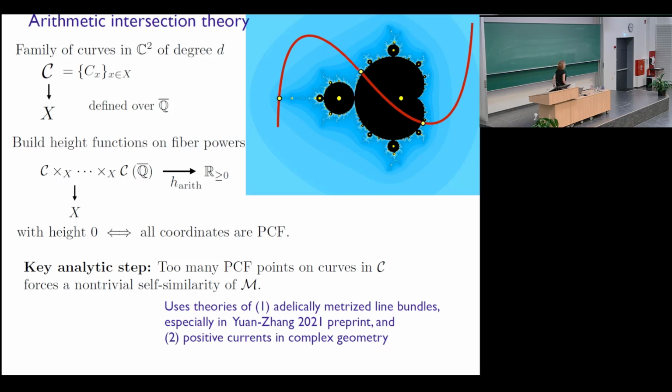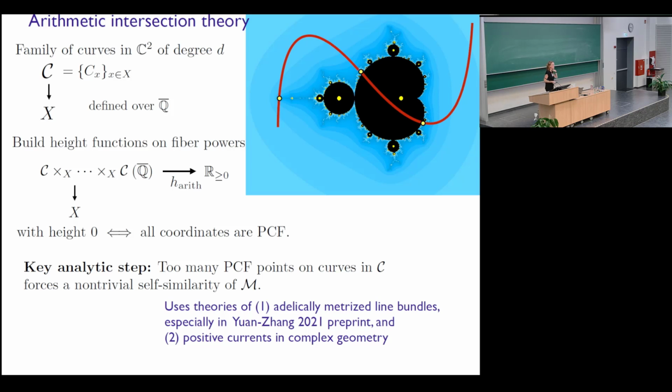And then we build a height function, which again means defining a certain line bundle on your space and defining a metric on that line bundle that has good properties, doing that over the field of complex numbers, and repeating the same construction at the other places of the number field over which we're working. So we do it p-adically for every prime. Primes came up in Akshay's talk. I'm not going to say anything more about working over primes of number fields.